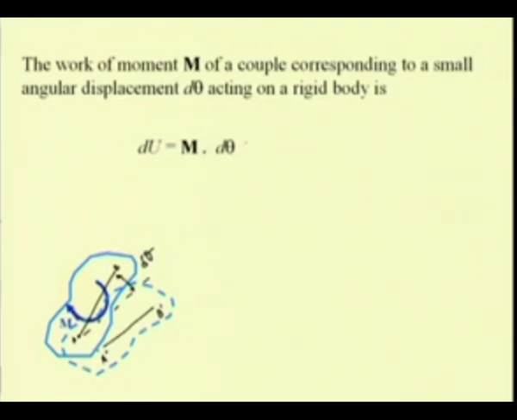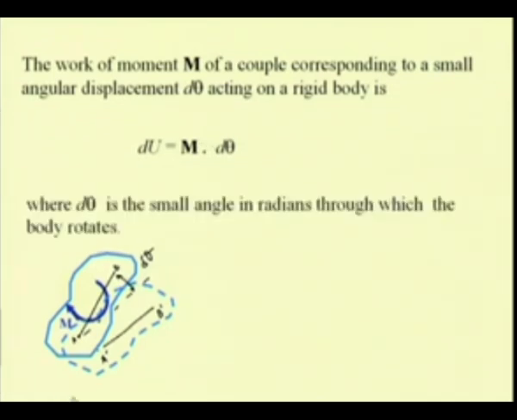But an incremental quantity d theta is a vector quantity because it will follow all the laws of vector addition. So, we can define dU as M dot d theta. Here we define this d theta in radians.